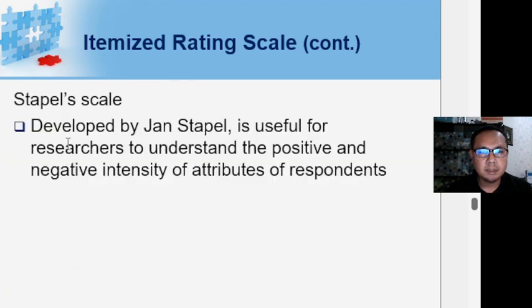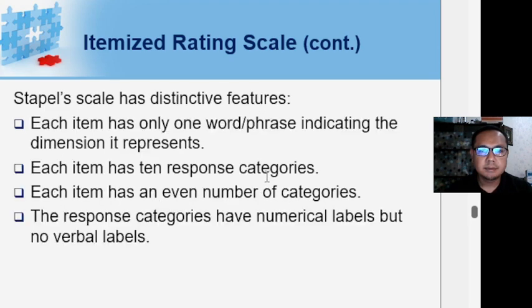And the Stapel scale, developed by Jan Stapel, is useful for researchers to understand the positive and negative intensity of an attribute for a respondent. It has distinctive features: each item has only one word or phrase indicating the dimension it represents, and each item has 10 response categories, an even number, and the response categories have numerical labels but no verbal labels.